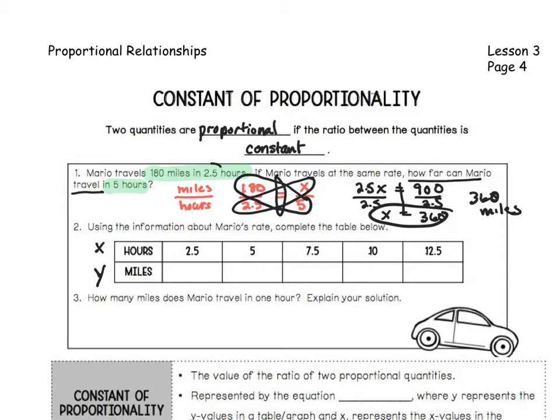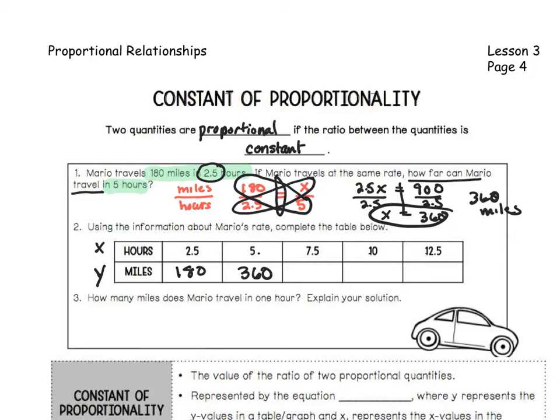So we've noticed that this 2.5 hours before was paired up with 180 miles. And after we used our 5 hours, we found out that Mario could travel 360 miles. So now we have the beginning of a table. But we have 3 spaces we need to fill in. So let's start looking for patterns.